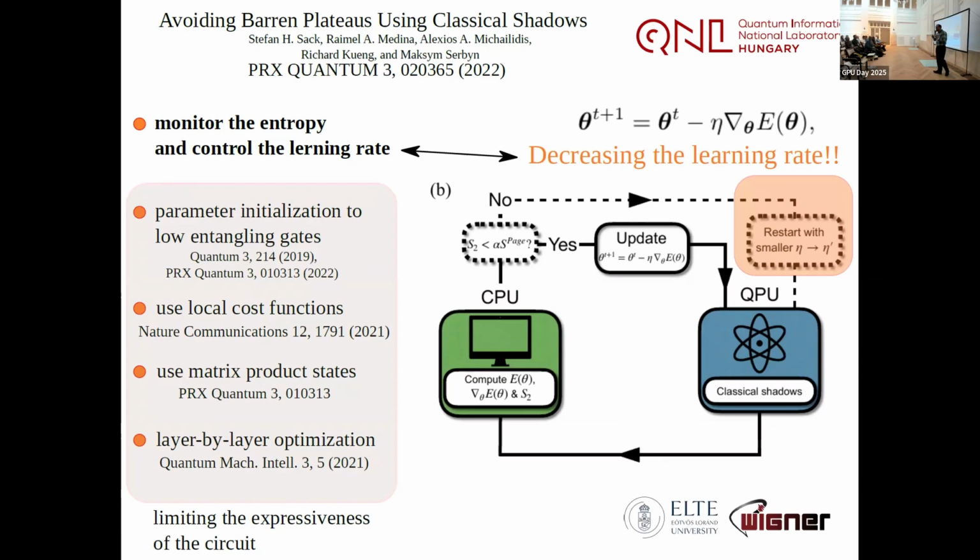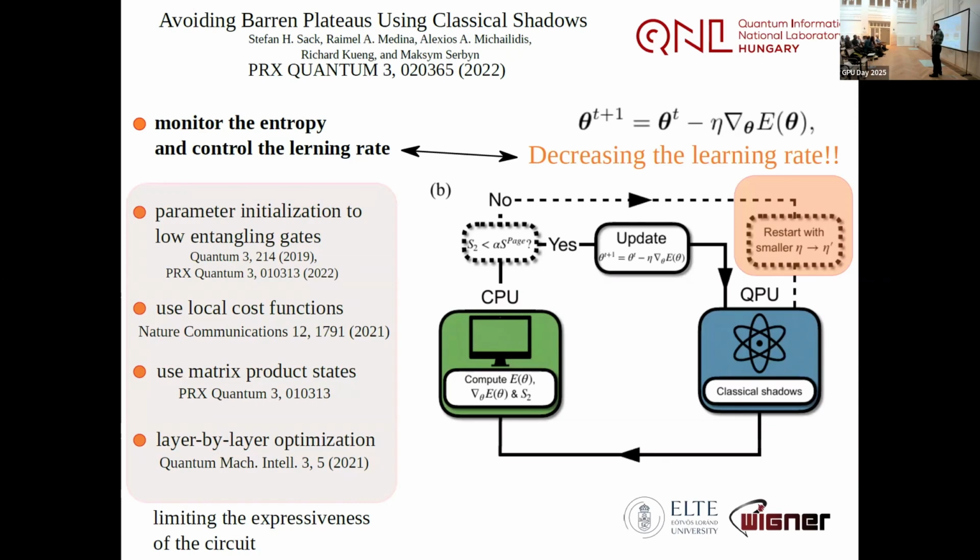The idea is that when your quantum circuit is less expressive, it means that it can't generate any generic quantum state in the Hilbert space. It means that it can create less and less entanglement, and because of that, it is much less susceptible to getting onto a Barren plateau.